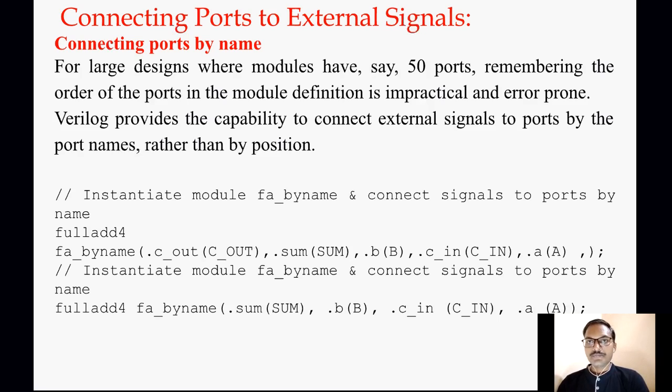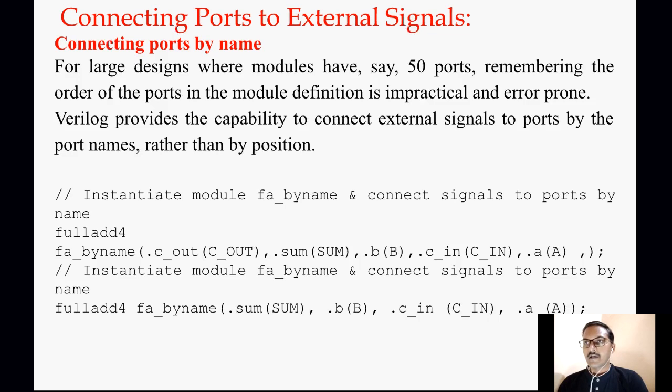An example of this is full_add4 fa_byname, which is an instantiation: .c_out(c_out), .sum(sum), .b(b), .c_in(c_in), then .a(a).